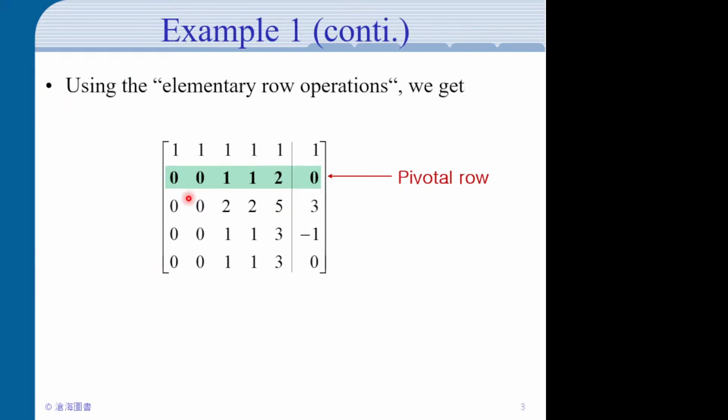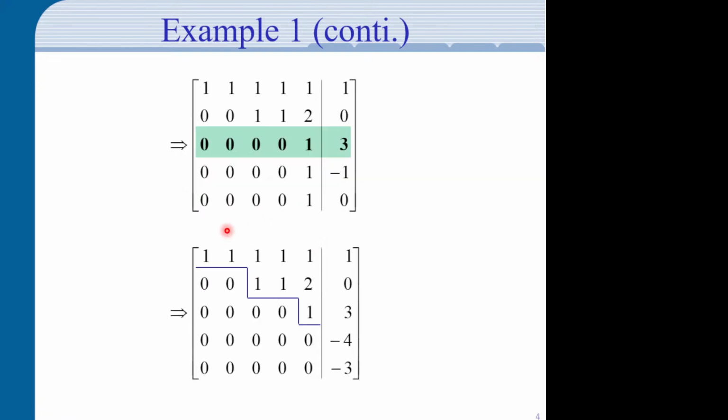Then you find the next pivot element in the second row and eliminate every element below it, etc. Finally you get the row echelon form, where you have a whole bunch of zeros and a whole bunch of pivots, and you also multiply each row by a real number so that each row starts with 1.